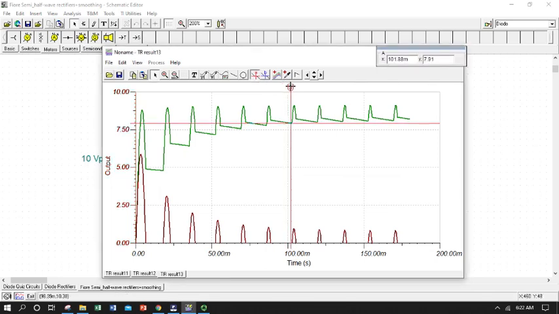So instead of 7.3, it's now at 7.9. So it's still not getting us all the way to 10, but basically the ratio between the true DC and the peak to peak and the ripple is now less. So we got better, but not perfect.